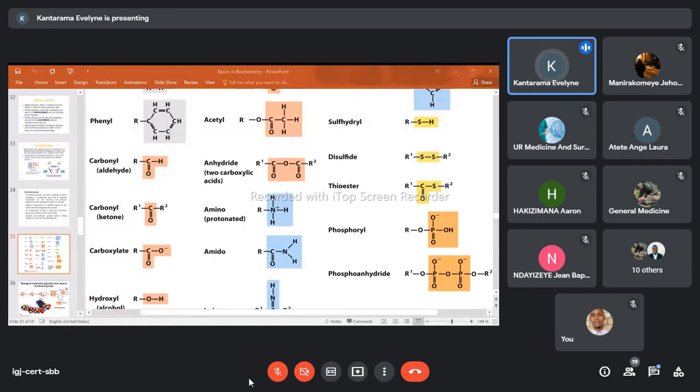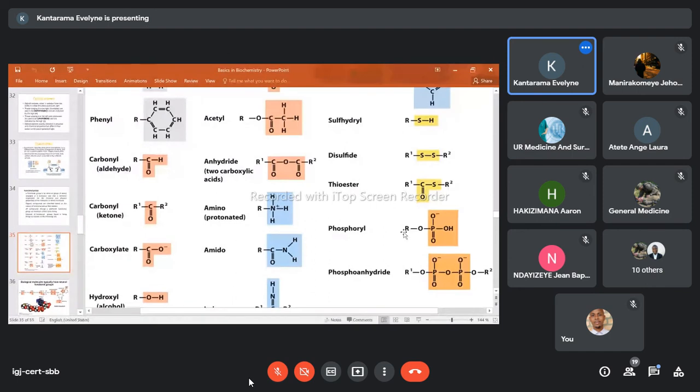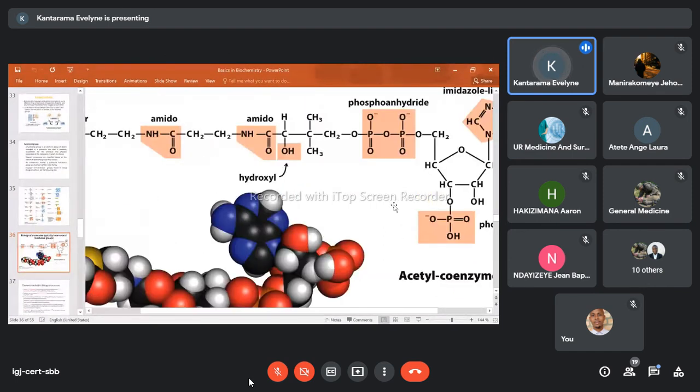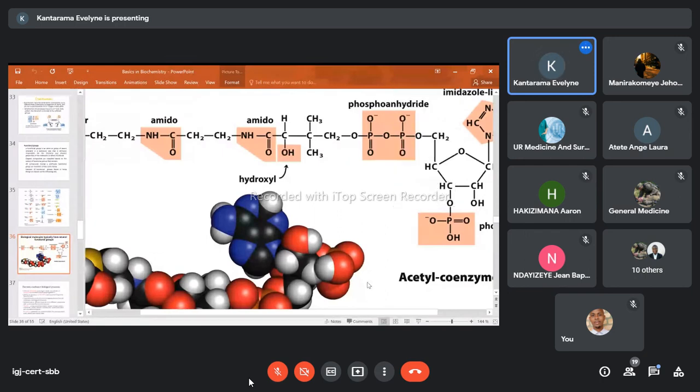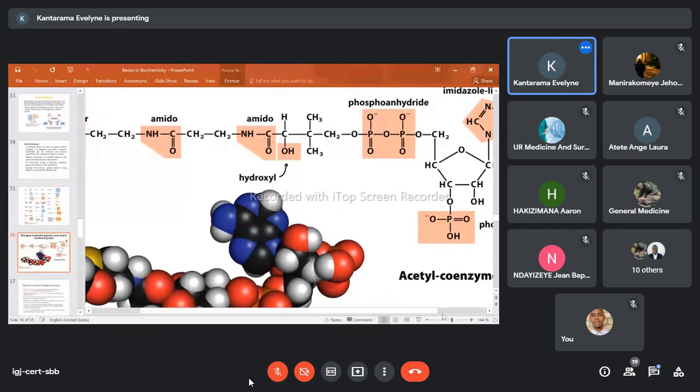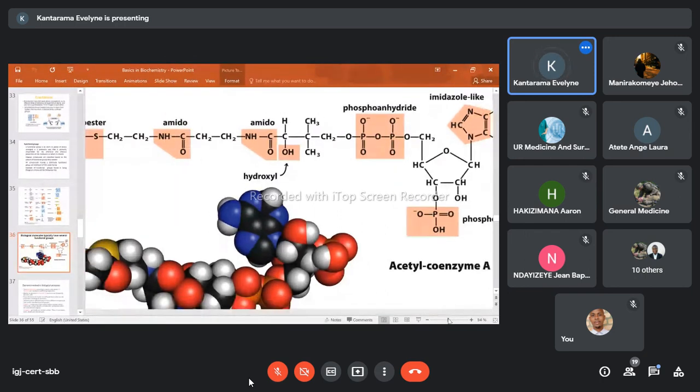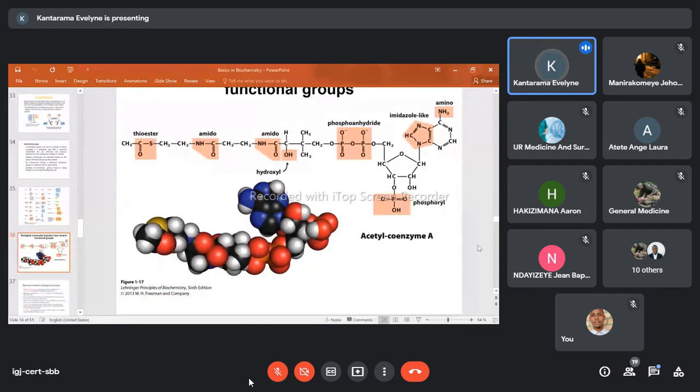On the next slide, we have this picture of acetyl coenzyme A, just to have this information that in one biological molecule we can have many functional groups.